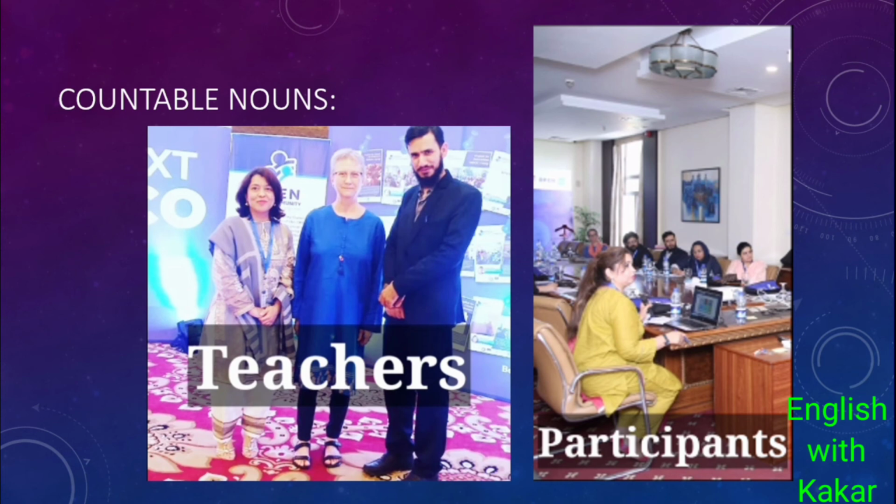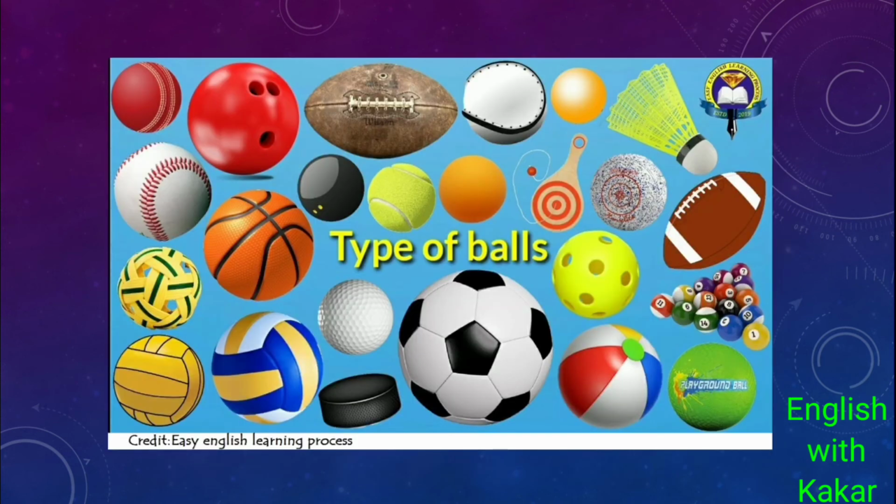Similarly, these balls. There are so many balls, we have a football, a tennis ball, many different types of balls here. But the main point is that we can count all these balls, 1, 2, 3, 4, 5, 6. So any nouns that we can count are countable nouns.